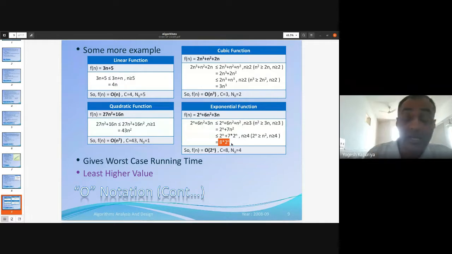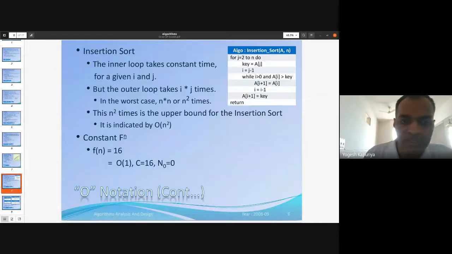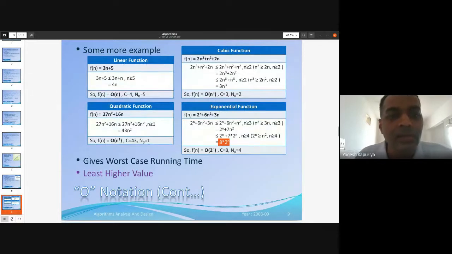Now once you receive that highest order term, you simply apply this formal definition, and you can easily say that f(n) is big O of n, big O of n square, big O of n cube, big O of 2 raised to n.